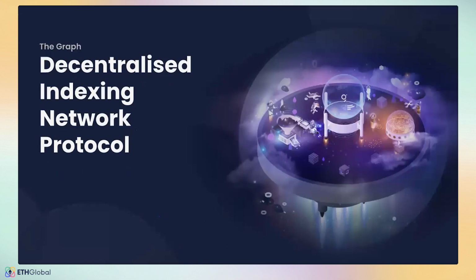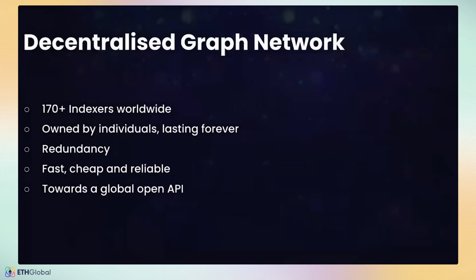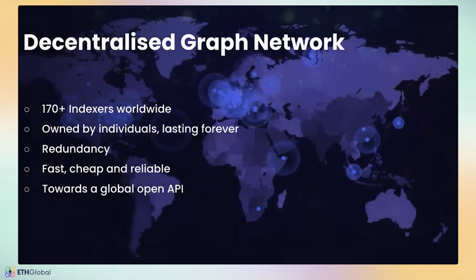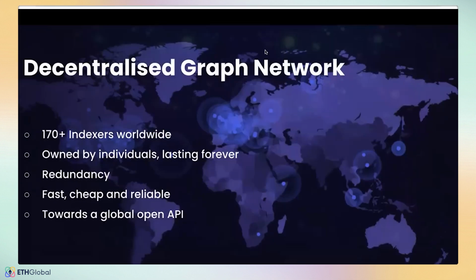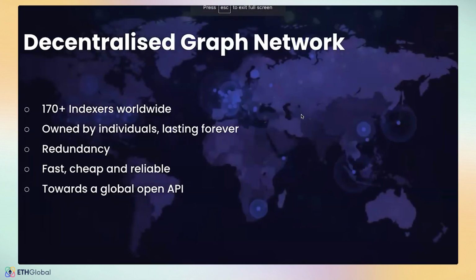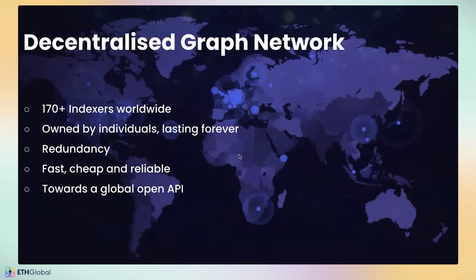And it's not only the hosted service, it's also a decentralized indexing network protocol. So there are more than 180 indexers, I think, currently worldwide, owned by individuals. That means these are independent indexers that run the thing. So it is similar to what we talked about before with Ethereum or a blockchain in general, that we have a distributed network.